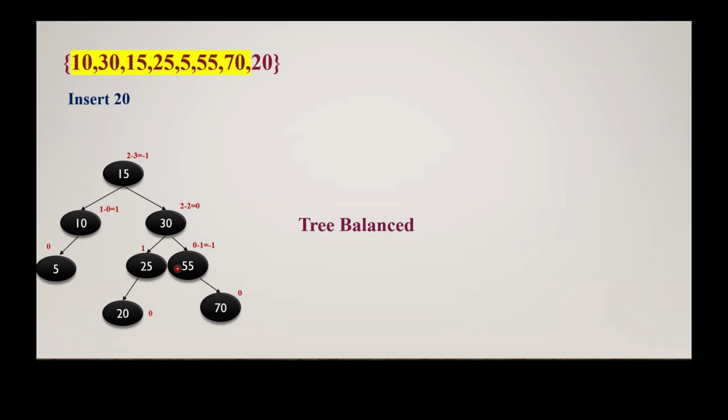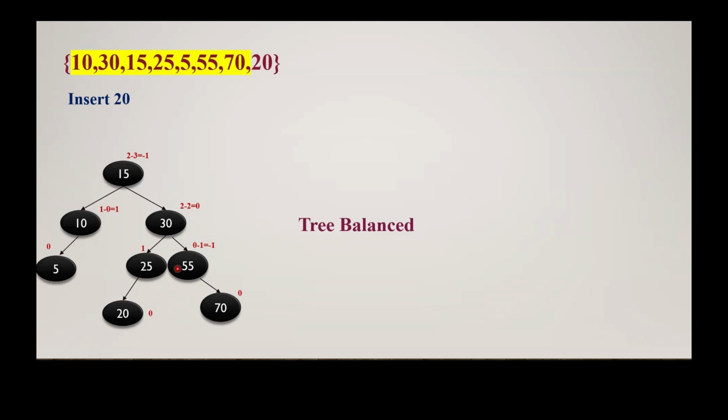So whenever in an exam it is given to construct an AVL tree or height balanced tree or self-balancing tree, then what you have to do? You have to start insertion like in a binary search tree. After the insertion is over, you have to check the balancing factor of each and every node. If the balancing factor is minus 1, 0 or 1, then it is an AVL tree.